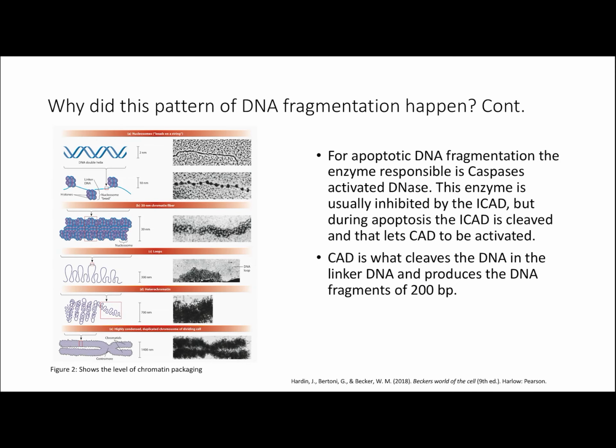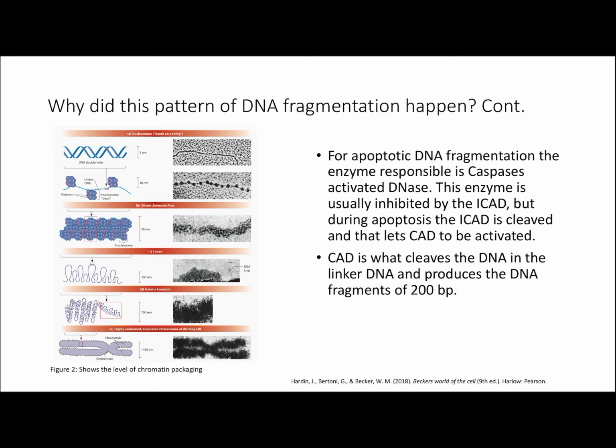So to continue, for apoptotic DNA fragmentation, the enzyme responsible is the caspase activated DNase. This enzyme is usually inhibited by the ICAD, which is the inhibitor of caspase activated DNase.